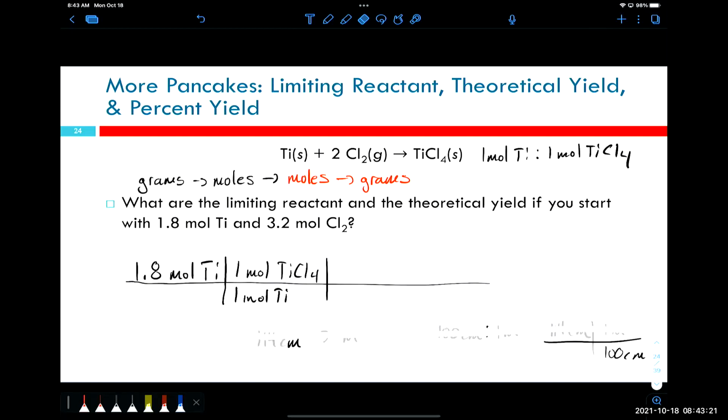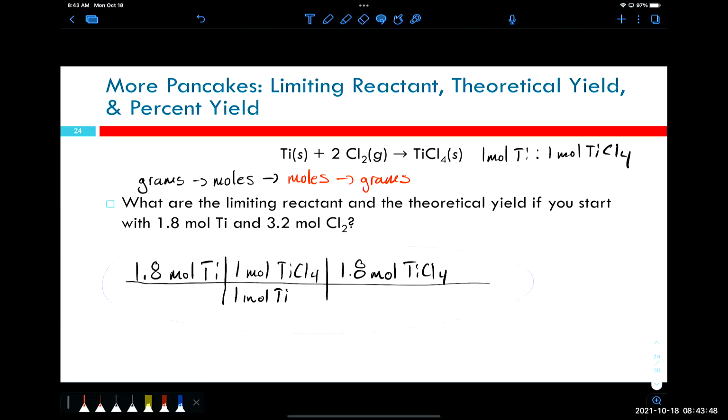Right, so since this is converting 1 to 1, we don't really need to do any math, because if we multiply 1.8 moles by 1 mole of titanium chloride and then divide by 1 mole of titanium, we're going to end up with 1.8 moles titanium chloride.